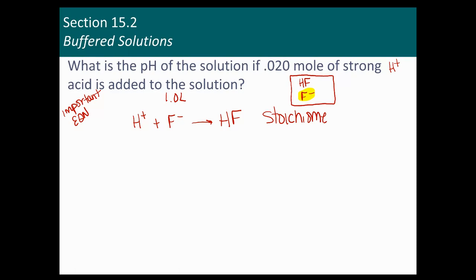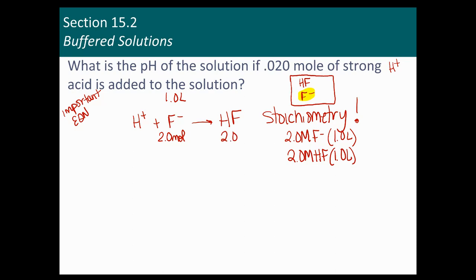So remember that graphic, it said do stoichiometry first, and then Henderson-Hasselbalch and equilibrium second. So from the previous one, we had 2 molar F minus, and we have 1 liter. So that's 2 moles. And we had 2 molar HF and 1 liter. So that's 2 moles.